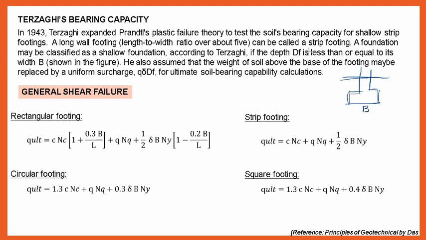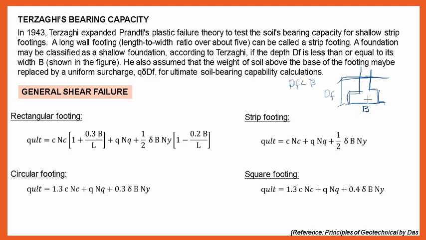So, sinasabi natin na shallow foundation pag yung Df, ito yung depth ng ground surface mula sa bottom ng ating footing, masasabi nating shallow foundation pag yung Df natin is less than yung ating B, yung width ng ating foundation.